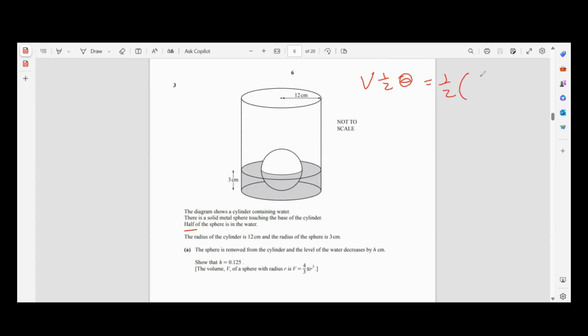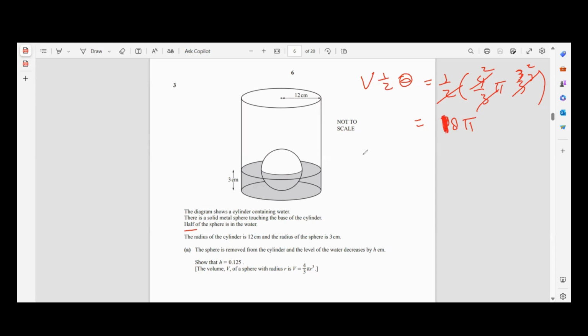So half times 4 over 3 pi r cubed, where r is 3 cubed. If we simplify it, we shall get 9 times 2, which is 18 pi.